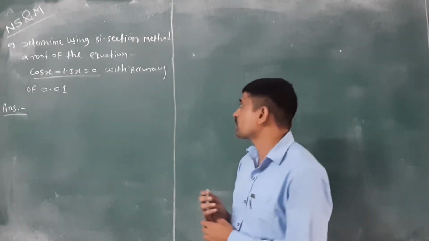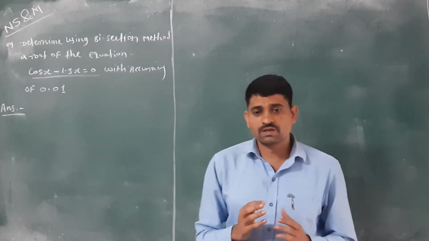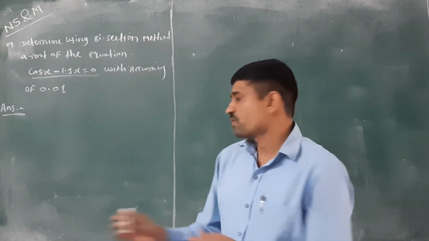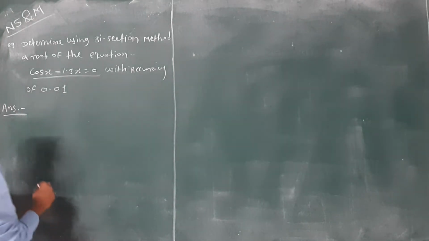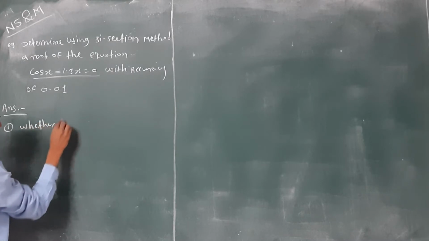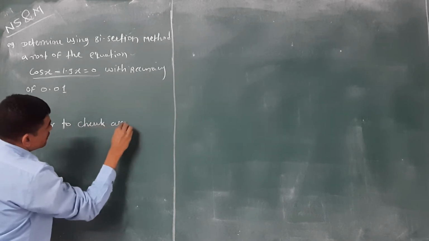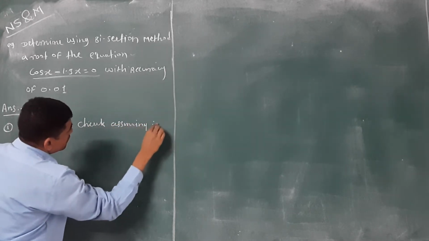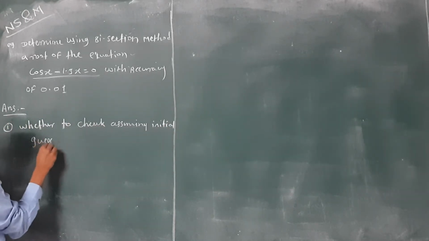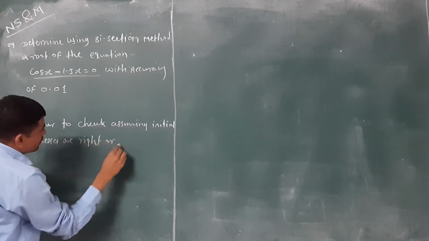So to find out the root of that equation, first step, you have to check whether the assumed initial guesses are right or wrong. What is the first step? First step is to check whether the assumed initial guesses are right or wrong.